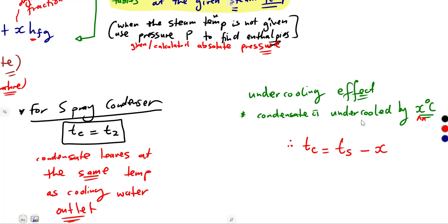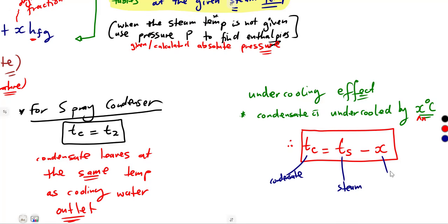It is undercooled by what? If it is 5, you subtract that. If it is 3, you subtract that from the temperature of the steam. Therefore, that is how we're going to have our TC, condensate here, steam. This is the undercooling temperature. Just like that. So we can calculate TC from there.